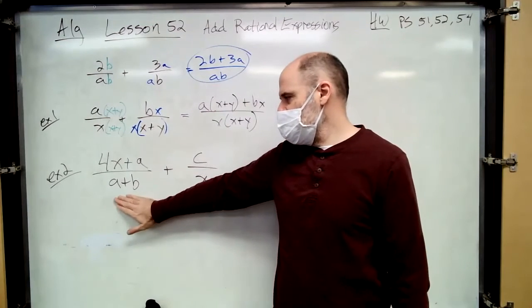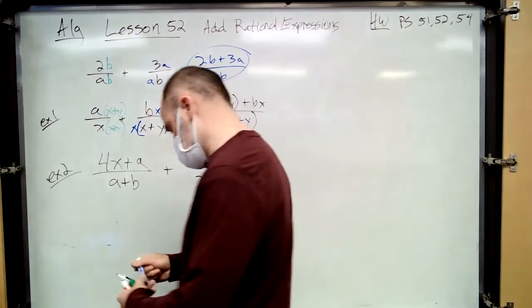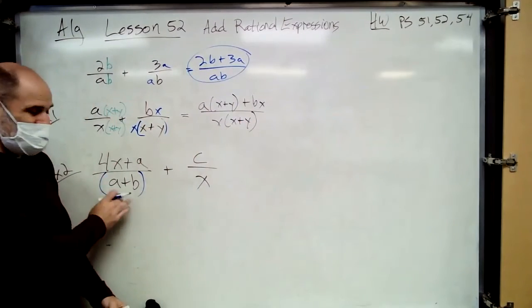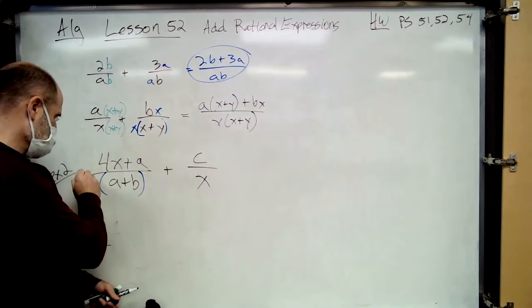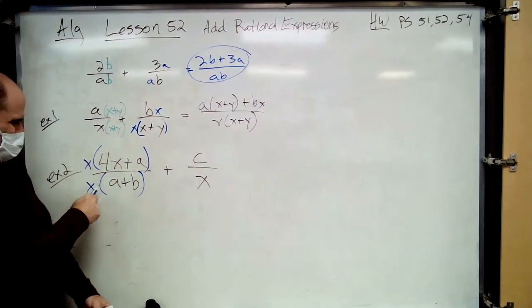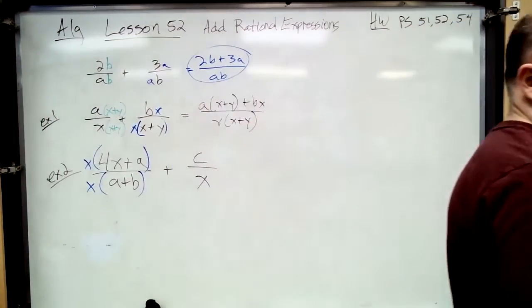So Xander, what does this need? It needs an x. So I'm going to put an x. And remember, I have to multiply the whole thing by x, so this needs parentheses. So I'm just going to put an x here, and then I'm going to put an x there. So remember, that has to be multiplied by the whole thing, so parentheses are always better, okay?